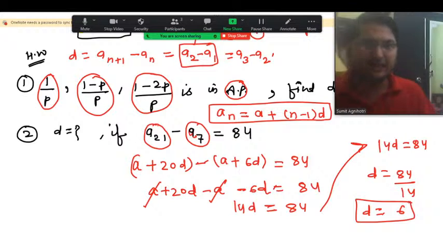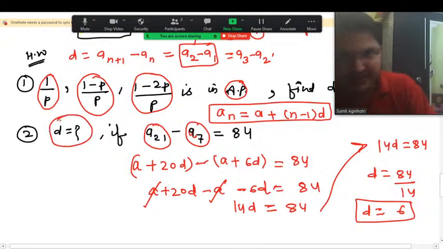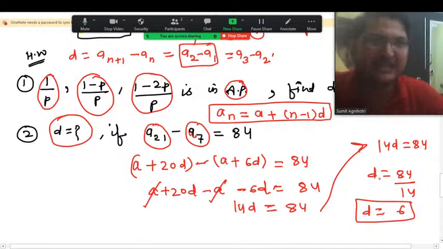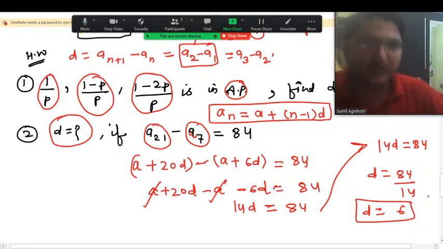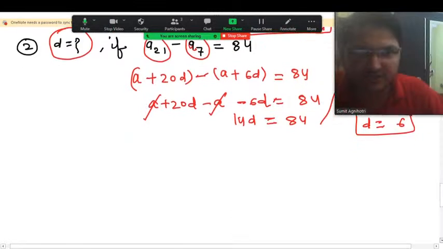We were supposed to find d only, and we just obtained the value of d here. This question was based on the nth term of AP. Are you okay with this? Any problem, any issue? You can just tell me. No issue? Okay.